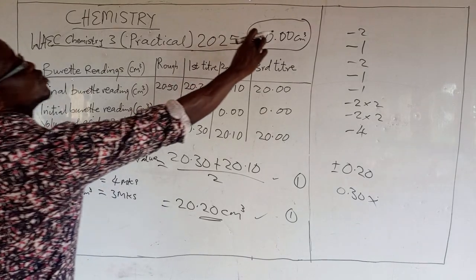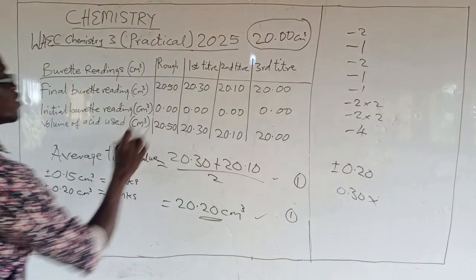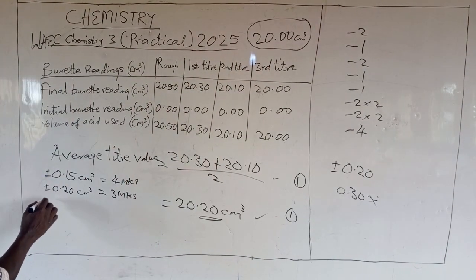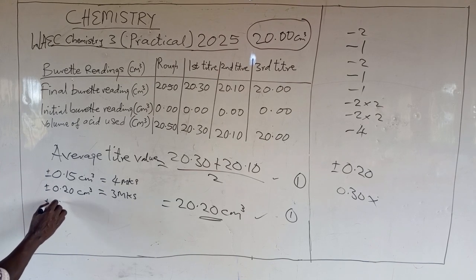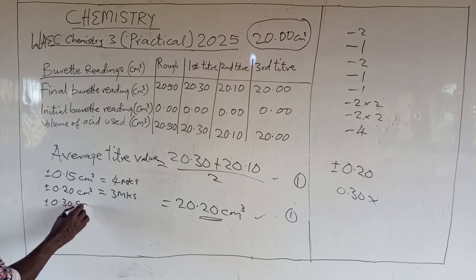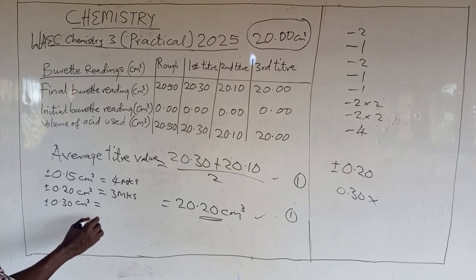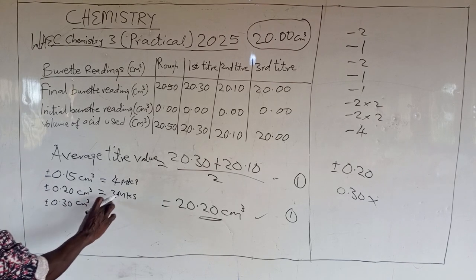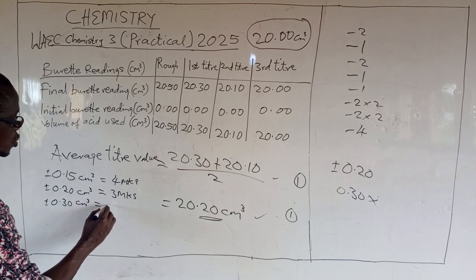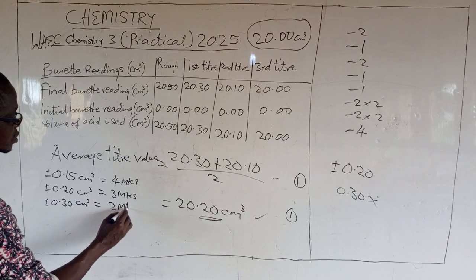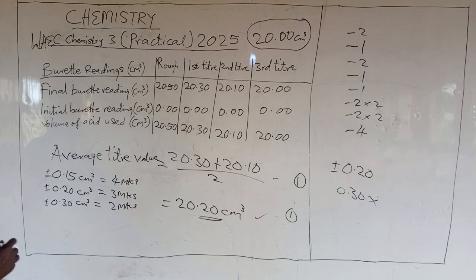If the difference between your teacher's value and your value is plus or minus 0.30 cm3, you will lose another mark and then get 2 marks.